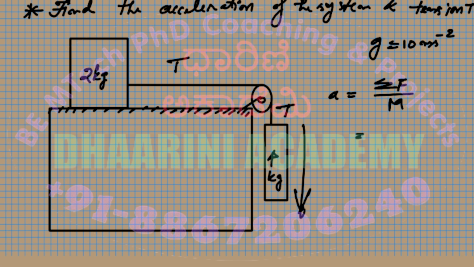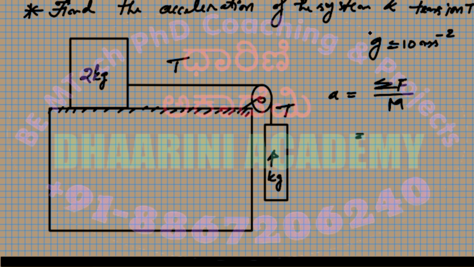So what is the pulling force? Pulling force is mass into the acceleration, and acceleration is due to gravity. I'll write F for your reference: this is the total pulling force. Wherever the force acts naturally, you have to write that. In this case, it is 4 into 10. Pulling force is 4 into 10.